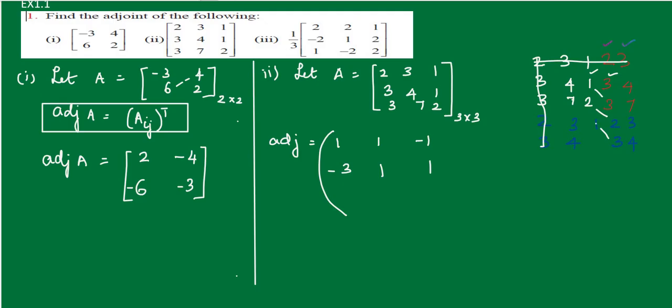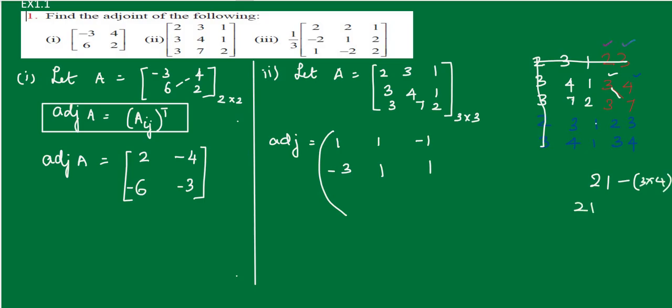Next, what are we going to do? We are going to take the last two columns and simplify them. Taking the last two columns, 7 into 3, 21, minus 3 into 4.